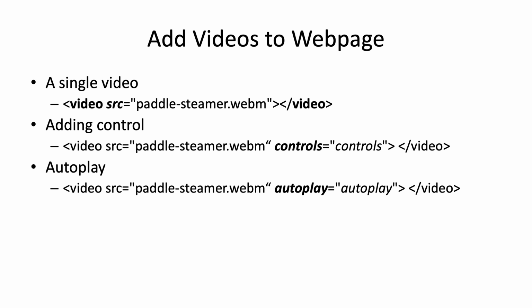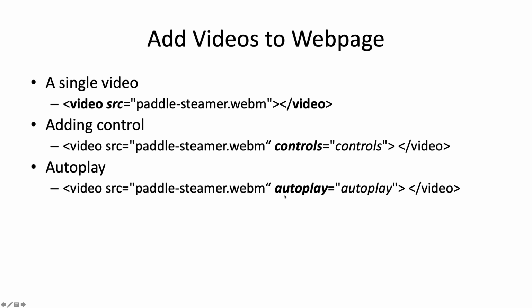And similarly, there's the autoplay attribute, which means when the page is loaded the video would start playing automatically without pressing the play button. This can be a bit annoying and is quite often used by advertisements, so it will play automatically when you load a page.